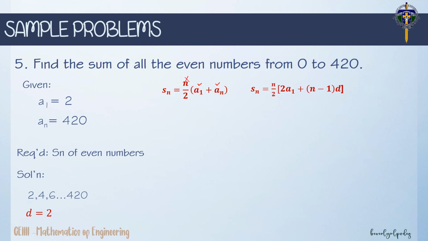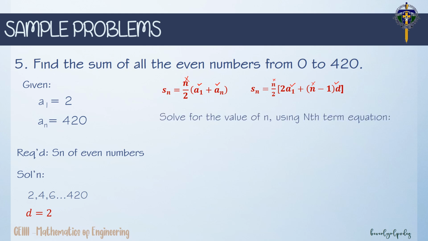And likewise, if we check the second equation, we have the value of a1, we have the common difference, and we do not know n. So the next step is to solve the value of n, so that once we know n, we can substitute it in either equation.